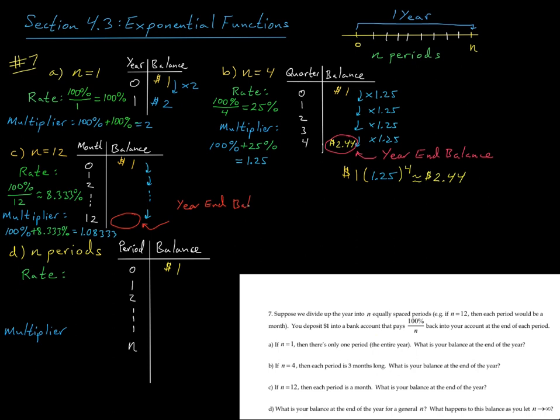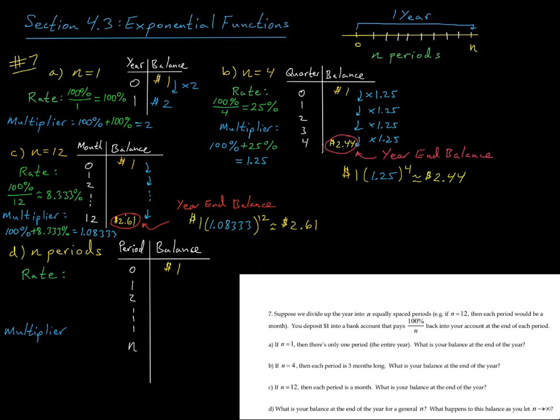And so to compute it, it's really just the same kind of thing as part B: take that dollar, and multiply by 1.08333 12 times. It's going to raise that to the 12th power. When you do that, you get about $2.61.